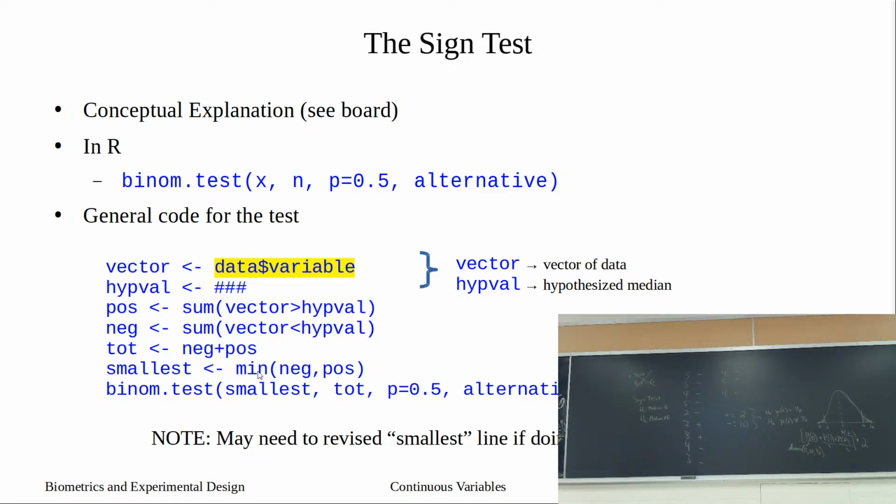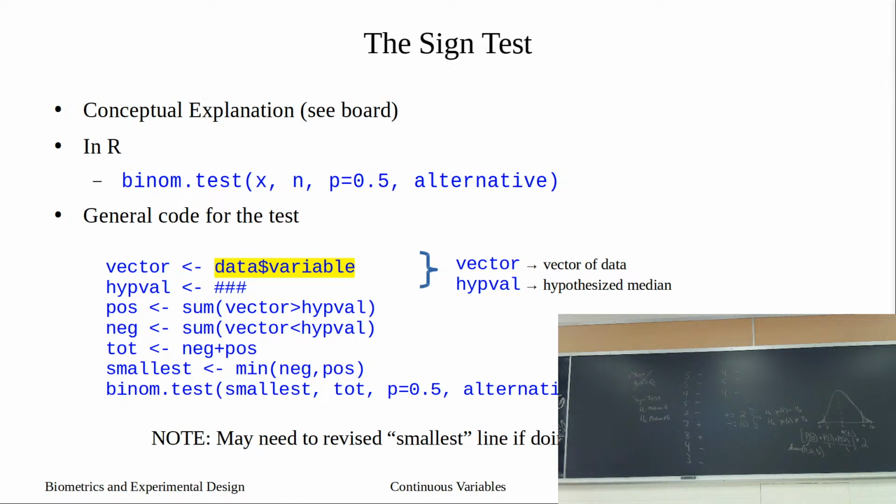And it's a block of code. But what we'll do is give it our vector. Say, okay, this is the vector of data that we're interested in running. This is going to be our hypothesized value. This is going to be what we're going to test against. And then this part does everything for us. So the only thing that we have to change are these 2 lines.